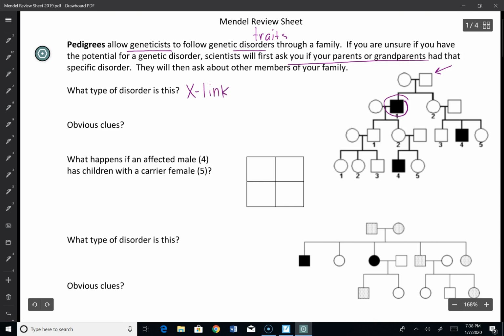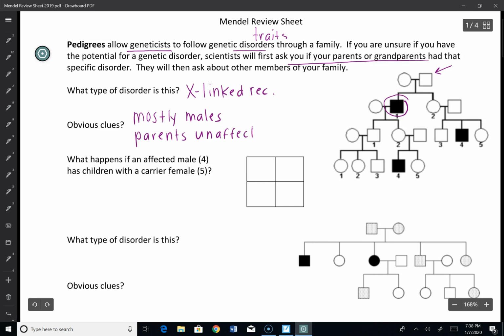The X-linked is what will give you the clue that it's mostly males, and recessive, well, let's do the obvious clues. Mostly males, in this case they're all males, but in a normal pedigree they would be mostly males, and the parents are unaffected, but their child is.